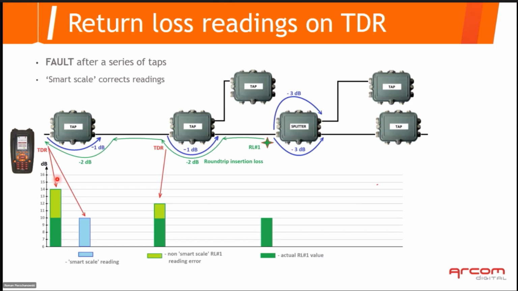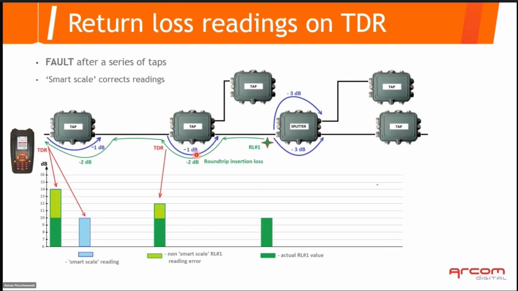When the signals are traveling through the network, if these are just taps, the signal drops by about 1 dB on each tap. But when it goes through a splitter, it's different. If we have the impairment just here, it will have this return loss at this particular spot.